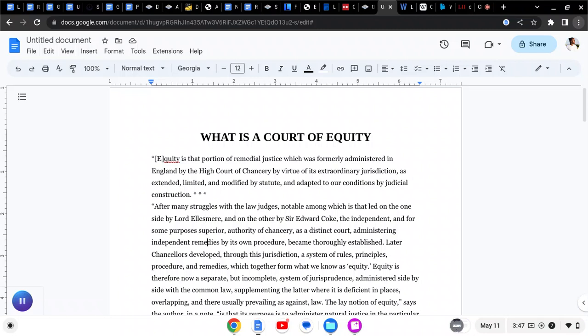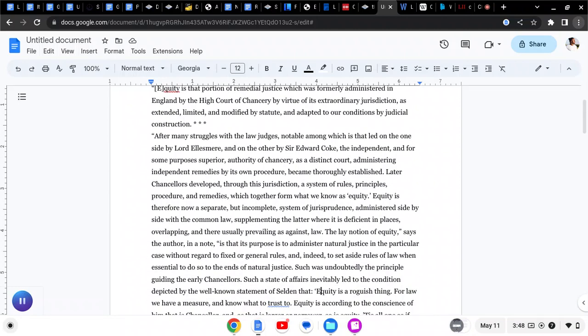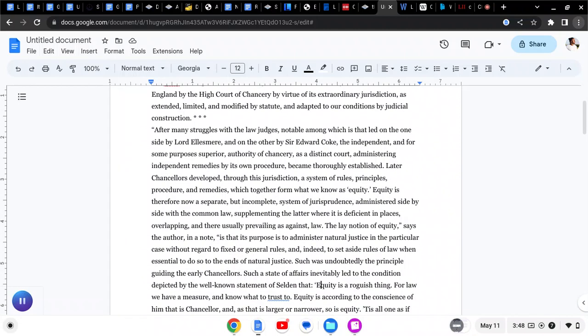Anyway, after many struggles with the law judges, notable among which is that led on the one side by Lord Ellesmere and on the other by Sir Edward Coke. Let me scroll down a little bit more. I'm trying to get to the point where it tells y'all the purpose of equity.